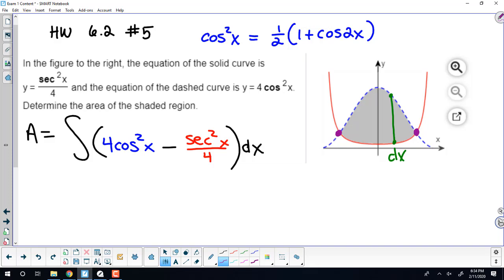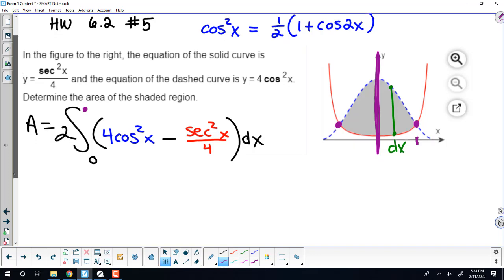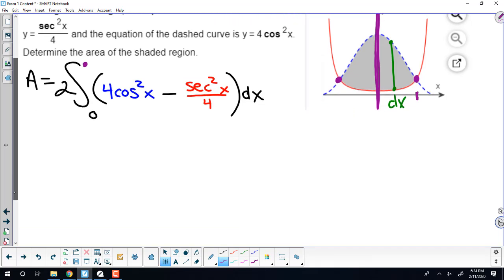Or we can just say, I'm just gonna go from 0 to this point right here, and then double that. So however you like. I'm going to go from 0 to that point of intersection and double this. But we do need to find this point. So we have to know where these two things are the same.